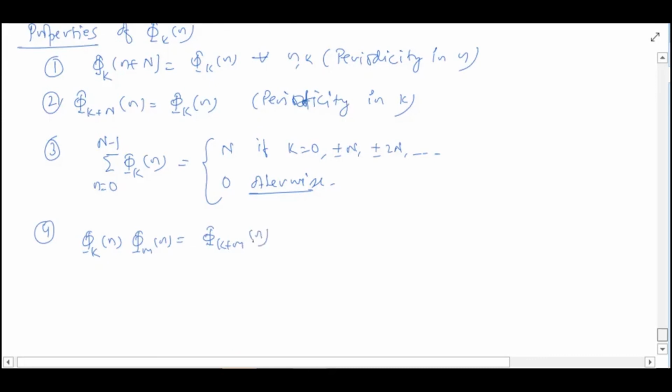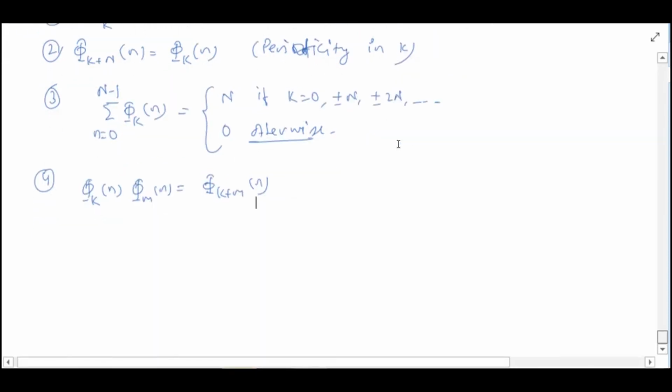Okay. So the next question is, given a periodic signal x[n], how do we find these Fourier series coefficients, just as we posed this question in the continuous time case. So, finding Fourier series coefficients.